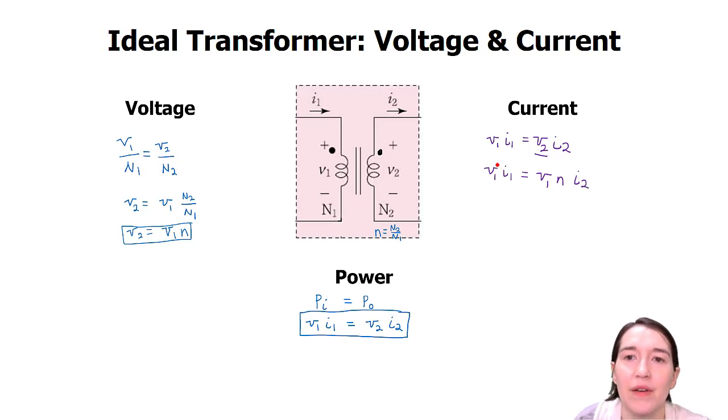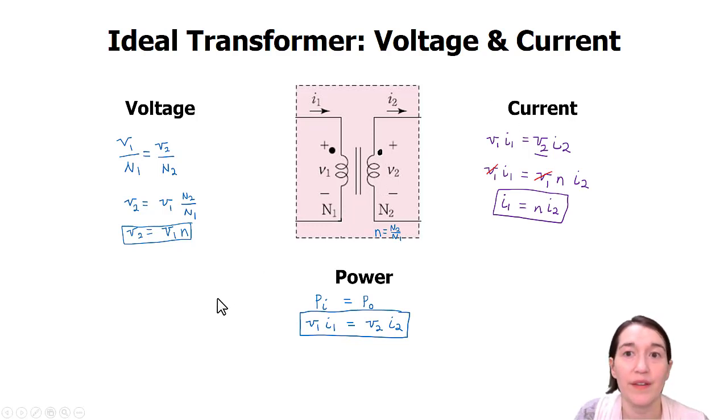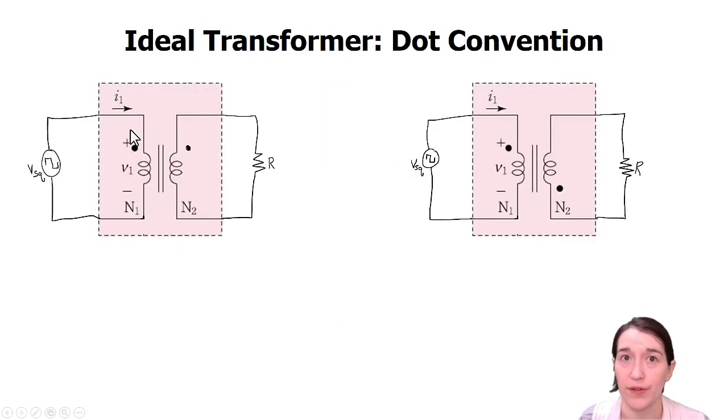Now you can see we have V1s on both sides. We can cancel those two terms out, and then we're left with just I1 equals N times I2. So these are the basic relationships for the voltage and current and power in an ideal transformer. You can remember these equations, and we'll use them in our circuits that use ideal transformers.